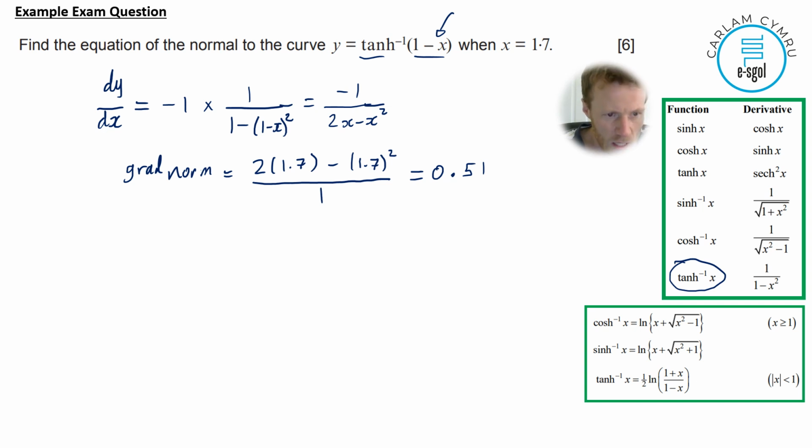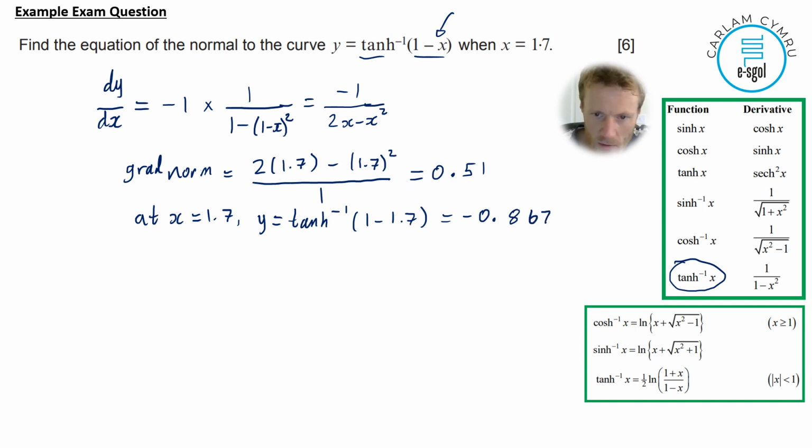Then we want to think at x equals 1.7. What does our y coordinate equal? y equals hyperbolic inverse tan of 1 minus 1.7. That gives us negative 0.8673.